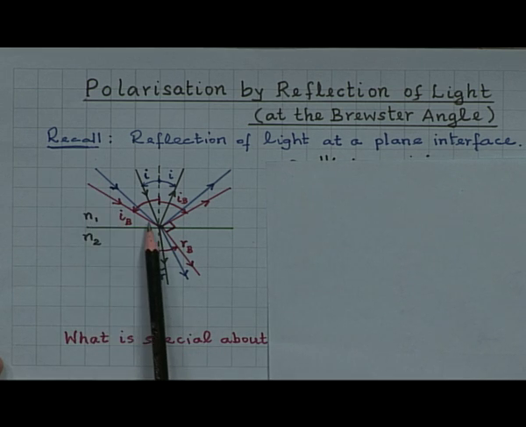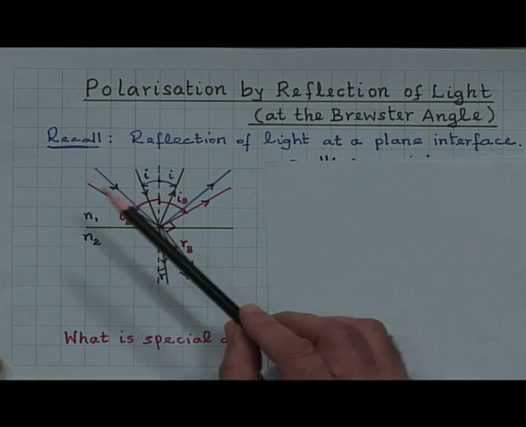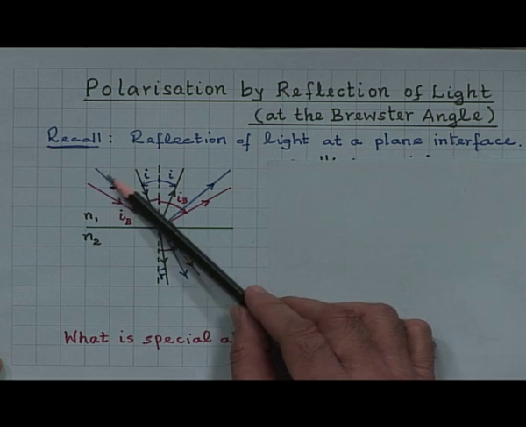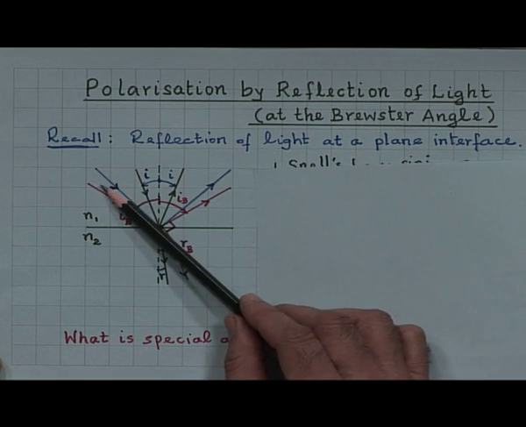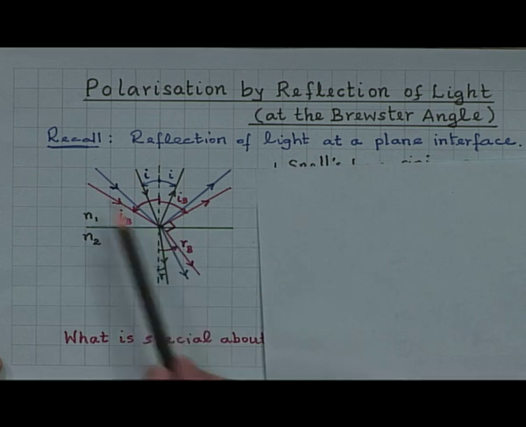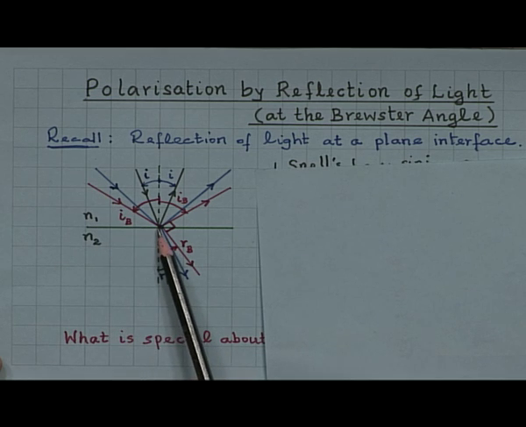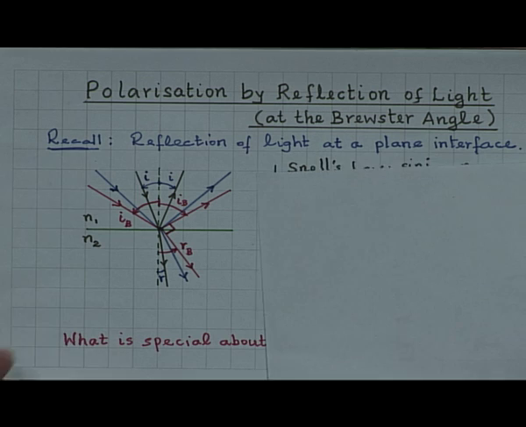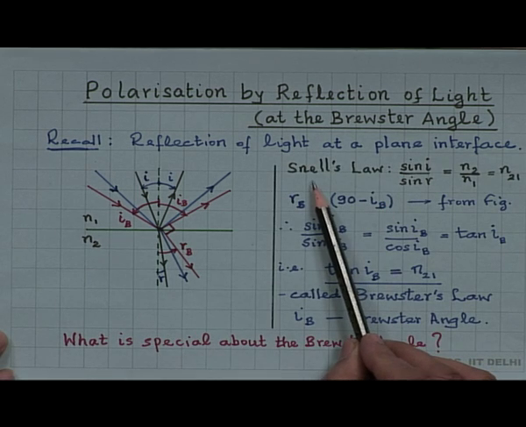There we had discussed in terms of rays. Here the ray represents the direction of propagation of the wave. The electric and magnetic fields are perpendicular to the direction of propagation, and this is the direction of propagation. So, the wave is incident here.